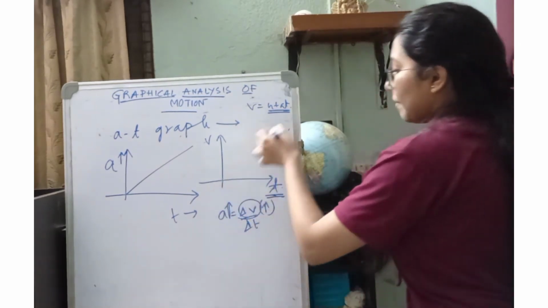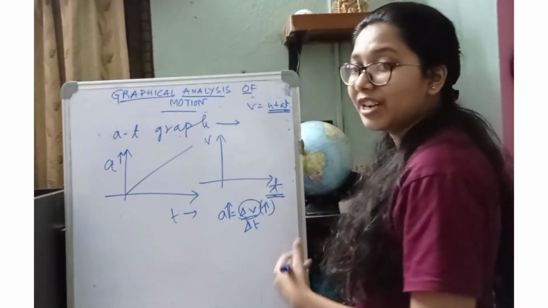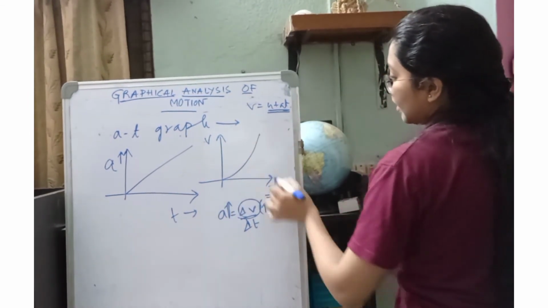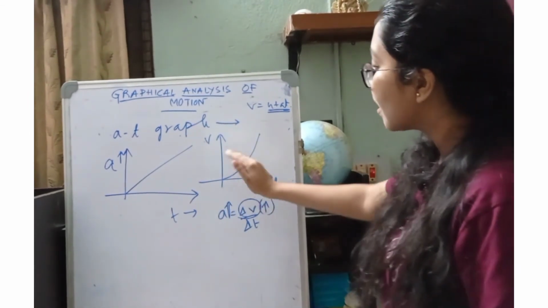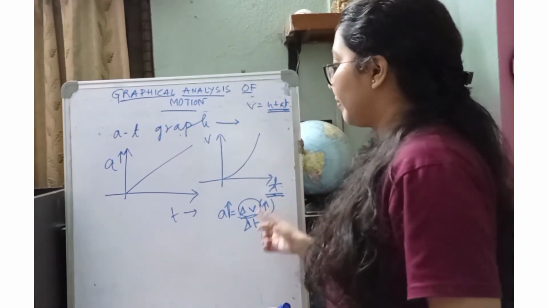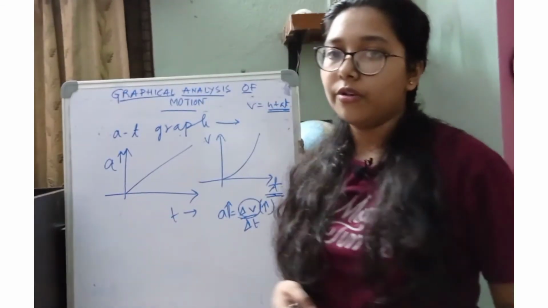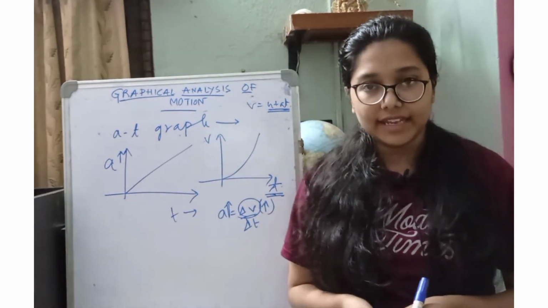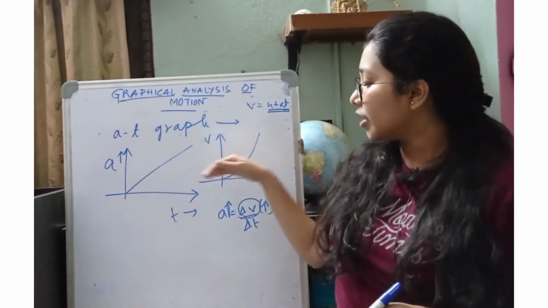So this time it won't be a straight graph, delta V will also increase. So it will be of this type, meaning V is exponentially increasing with respect to time. This is how the VT graph will be obtained in this case.